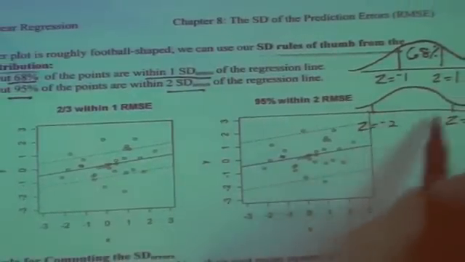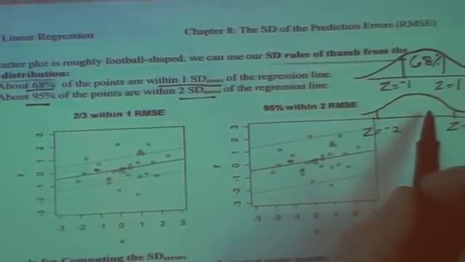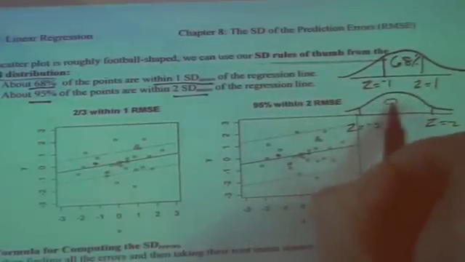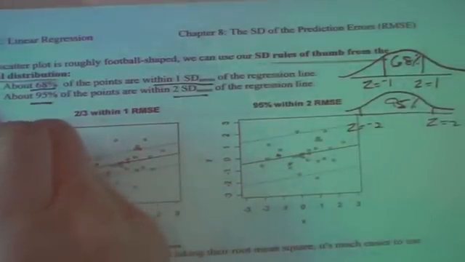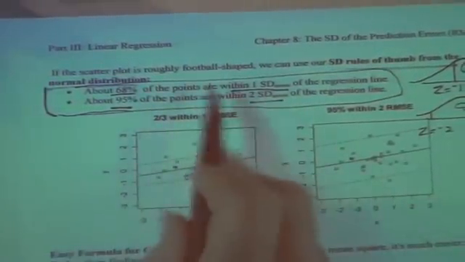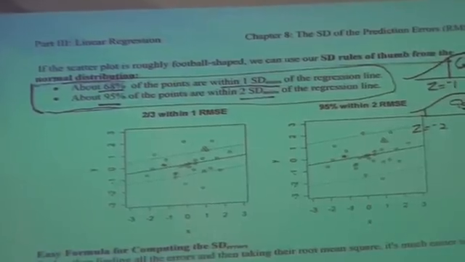Between z equals 2 and z equals -2, we know is what? What's the area under the normal curve between those two z-scores? Between 2 and -2, come on. 95. Now, I'm not going to go into detail about why this is true, and it's not true with every scatter plot, but in general, this same rule applies.